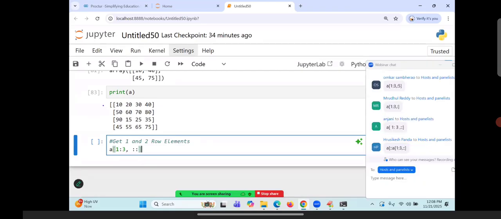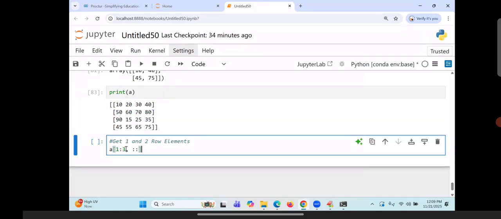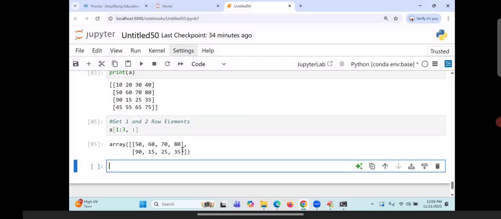See, I want this row plus this row, but all these values, complete rows, all columns only, no? Which rows? First and second. That is 1, 2, 3 means 1, 2, 3 minus 1 is cut, 1 to 2. Colon means all. Even a single colon is no problem. Is it coming or not?